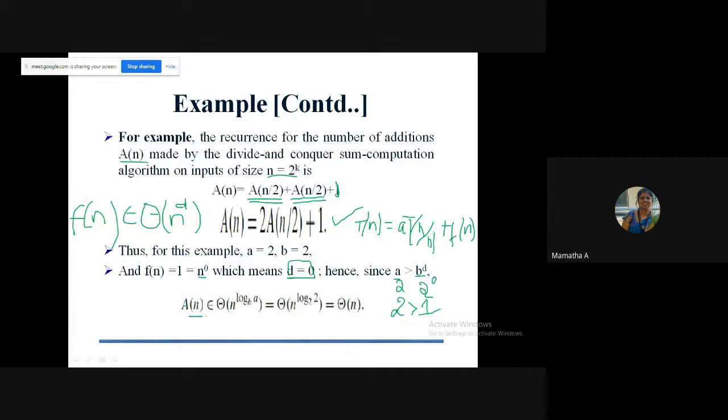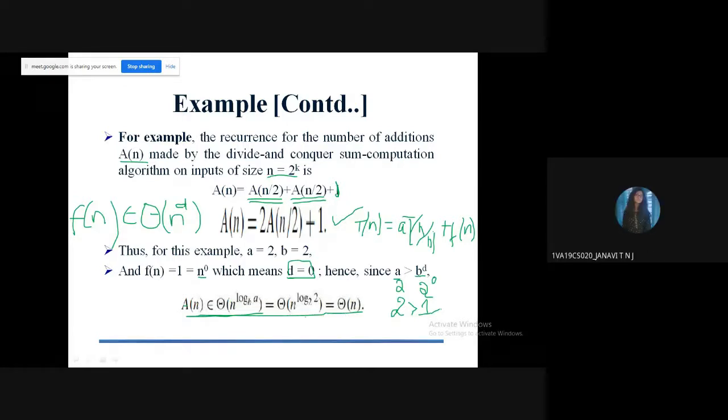You have to remember this formula. A is 2, b is also 2, and log 2 to base 2 is 1, as you all know. Theta of n means the number of additions made belongs to which order of growth, students?